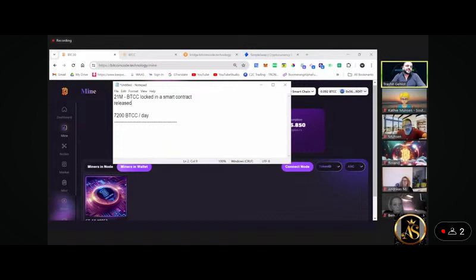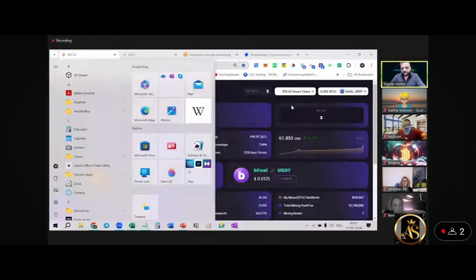If we go to the dashboard and see the circulating supply, it is almost 1.6 million. That means of this 21 million total supply, 1.6 million is already out in the market. Divided by 7,200, our blockchain is almost 223 days old.